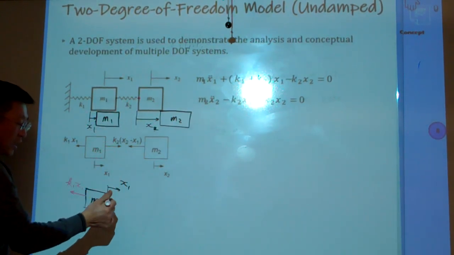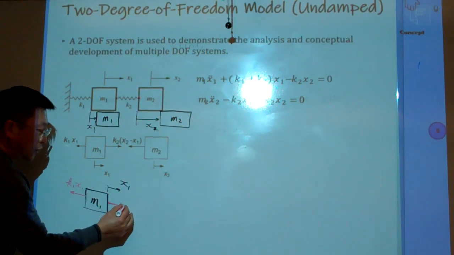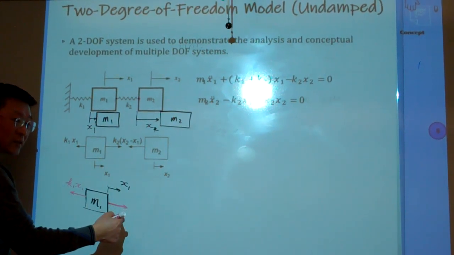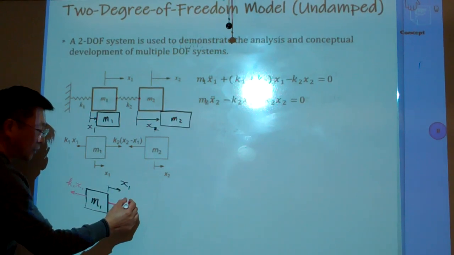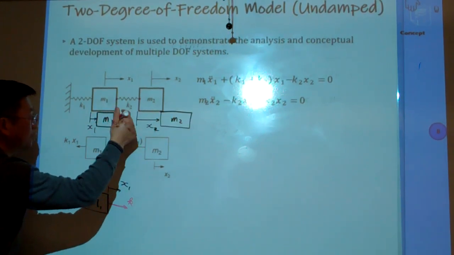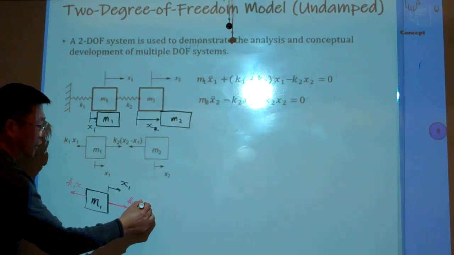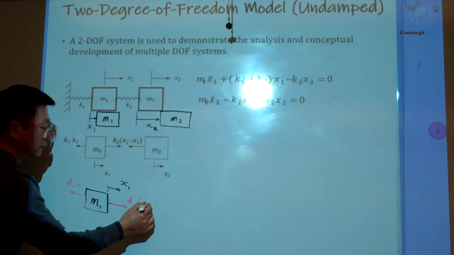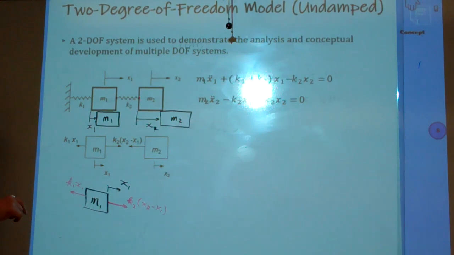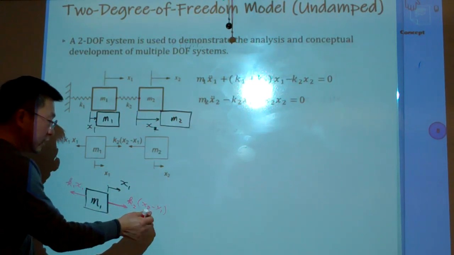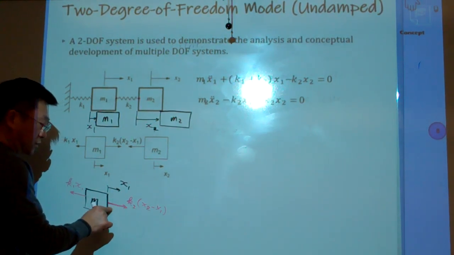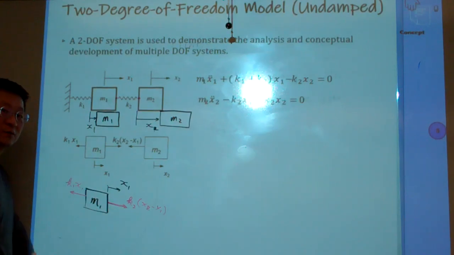If it has been stretched, then there will be a force dragging in that direction. How much? That is k2 multiplied by x2 minus x1. Again, once you assume that and stick with your assumption, this is the magnitude and the direction.